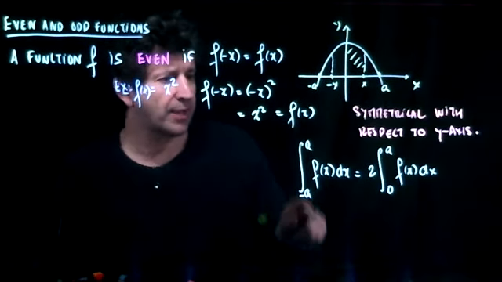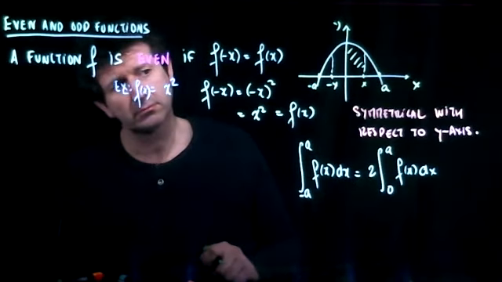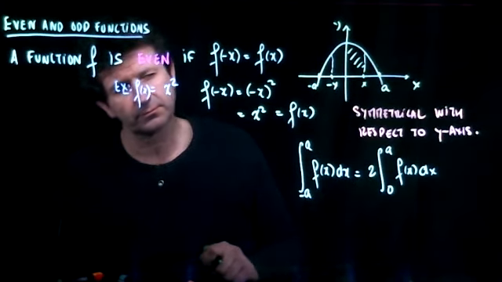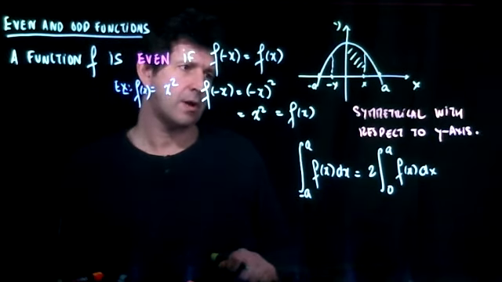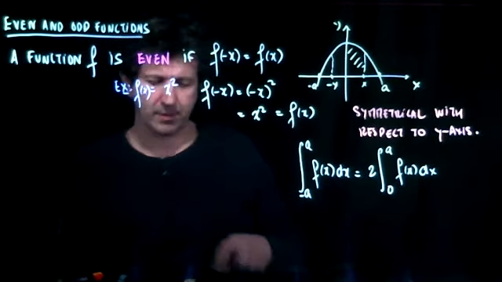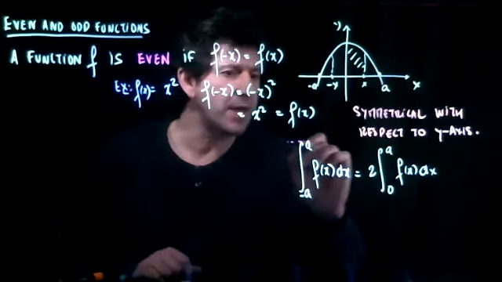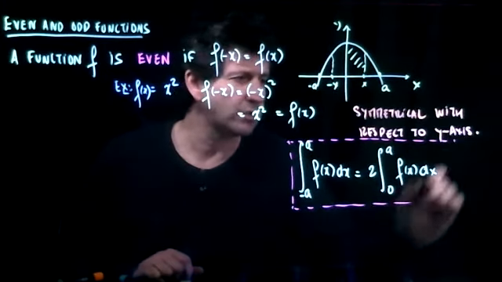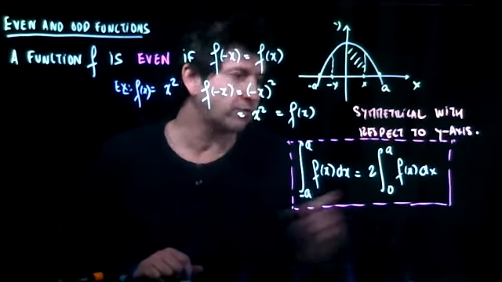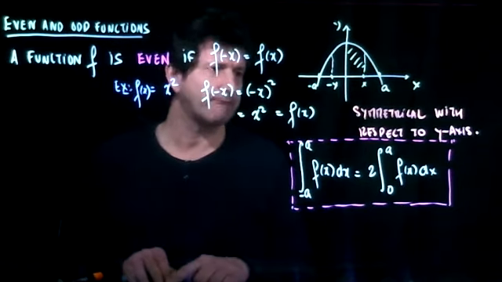So instead of doing from negative a to a, you could just do from 0 to a and times 2. Questions? So that's the main advantage of dealing with an even function. It's not such a big advantage as with the odd function, as you will see. With the odd function, the advantage is much bigger.